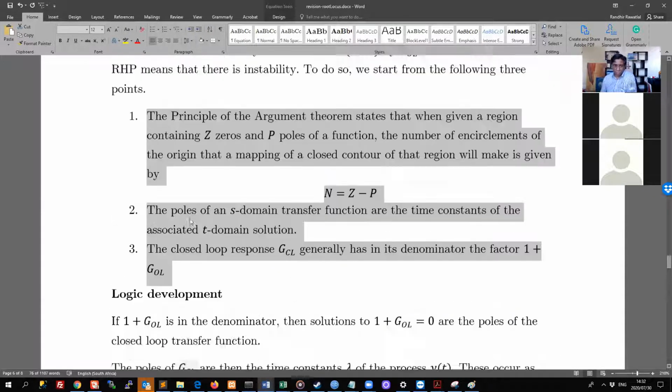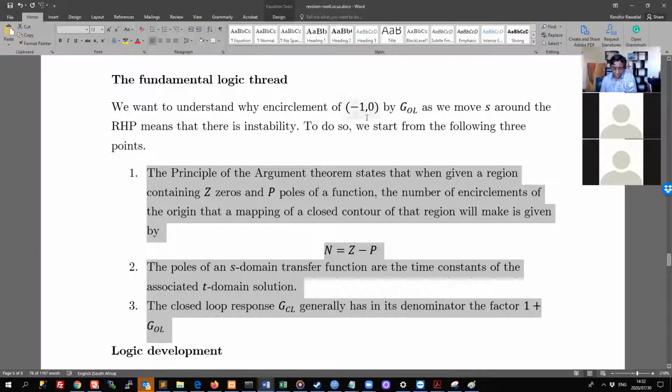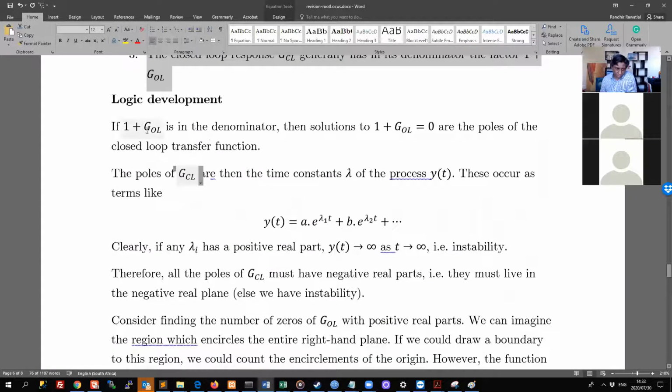And then we want to know, how does this imply that -1, 0 is important? If we look at it here, we are saying that our closed loop transfer function has this in the denominator.